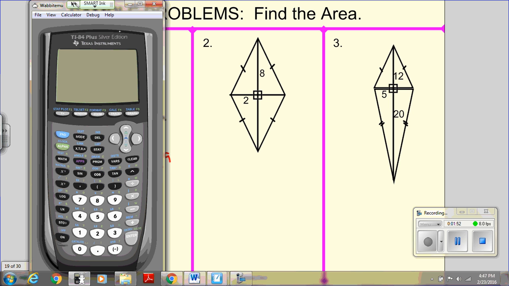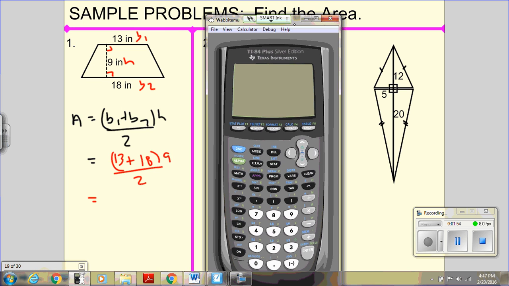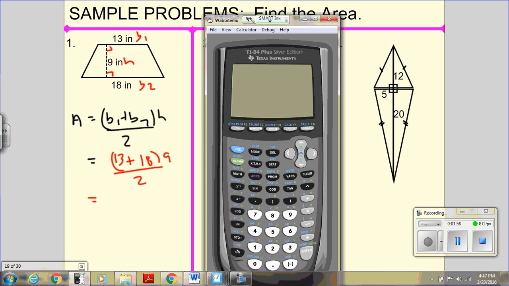So in the calculator, turn it on first, alpha y equals, and I would put 13 plus 18 times 9 over 2.